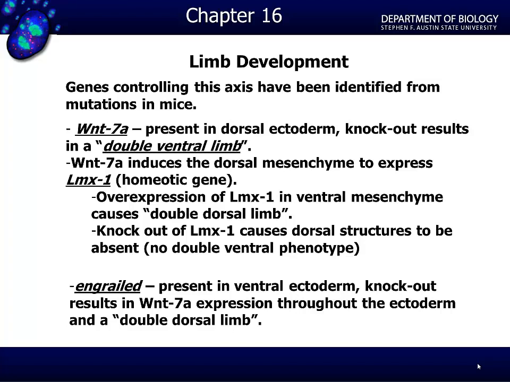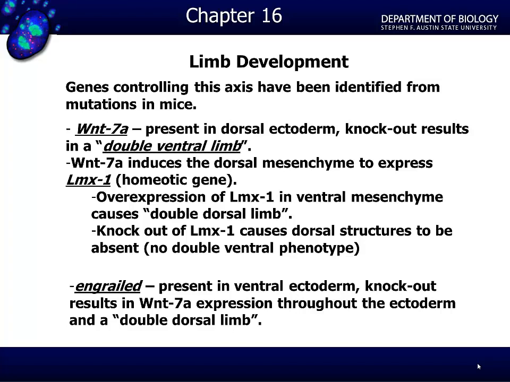Now, we look at LMX1, and we know that LMX1 is going to be a dorsal gene. So if we overexpress LMX1 in the mesenchyme, in this case in the ventral mesenchyme, then we get a double dorsal. So LMX1 is directing dorsal structures. Here's the interesting thing.